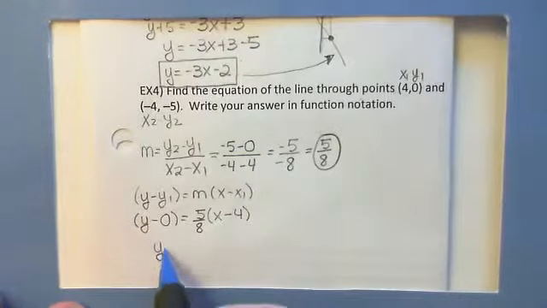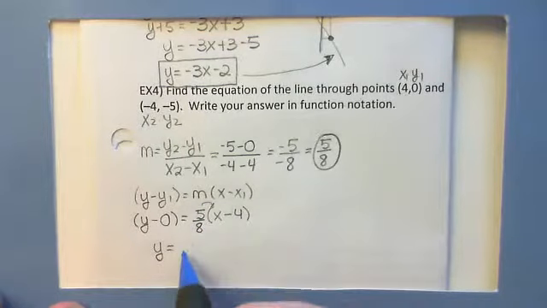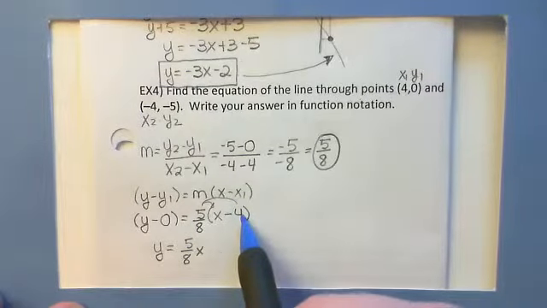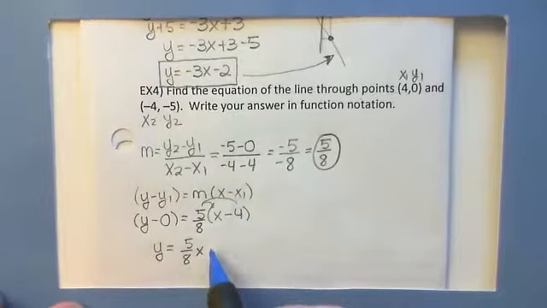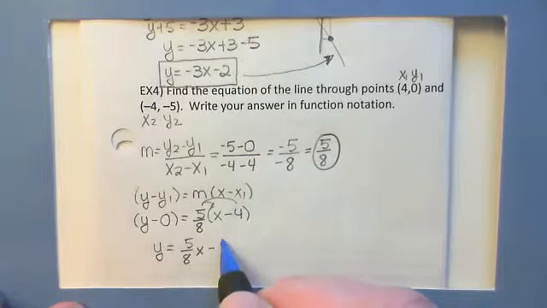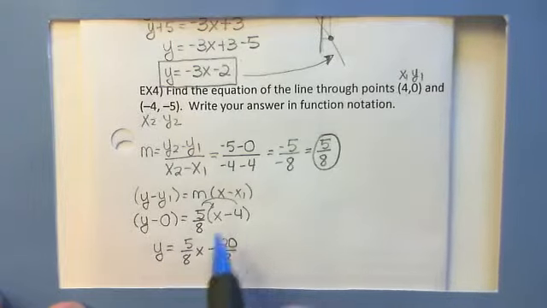So this is y. Then I can do 5/8 times x is 5/8 x, and 5 times 4 is 20. Okay, and 20 divided by 8, can I divide 20 by 8? No. So what you might want to do is just write it 20 over 8, instead of trying to do everything in your head.